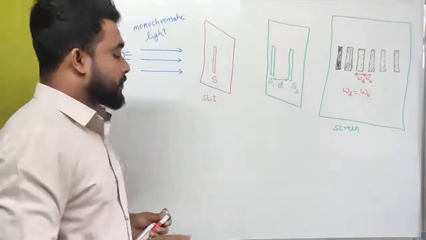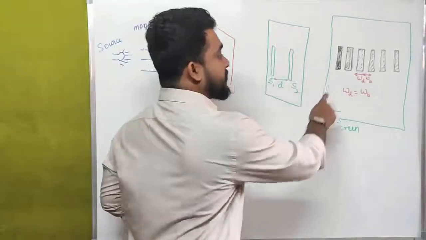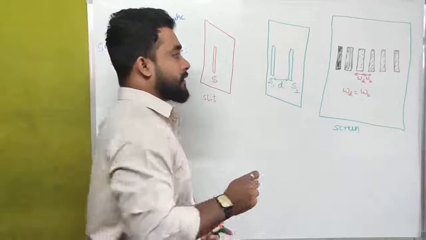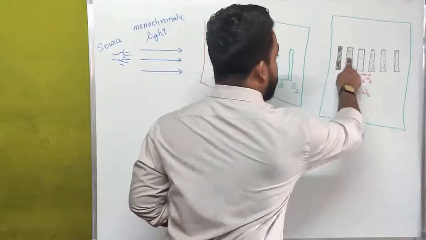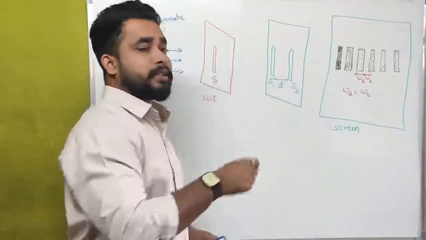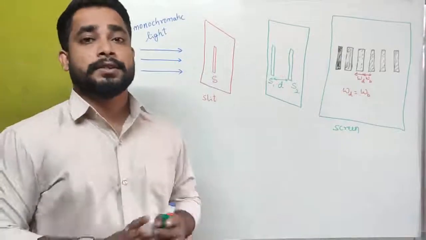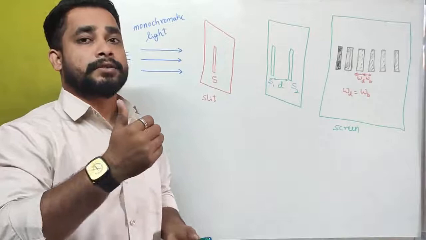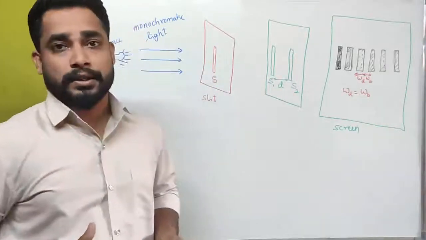And another point is that the intensity of a dark fringe is 0. That is why we are getting dark fringes. Intensity is 0 means there is nothing, it is dark. If the intensity increases, the brightness of the interference pattern increases.